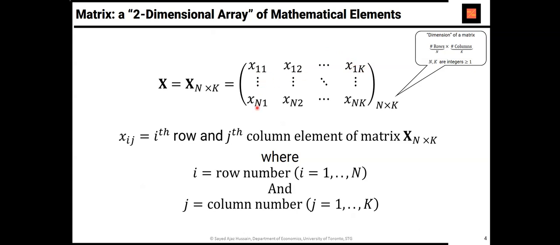Down here you have nth row, first column, and so forth. So you can tell by the very last element down here how many rows and columns this matrix has. So it's understood that you know how to use notation n by k for rows and columns.